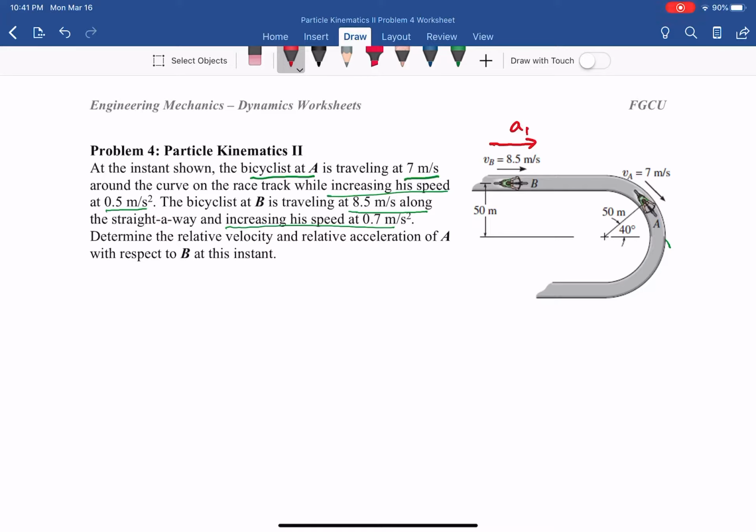So you see A and B, same direction. If it decelerates, it will be in the opposite direction, as we solved in the previous problems. And the tangential component of A is also in the same direction as the motion. So with that, the question is to determine the relative velocity and relative acceleration of A with respect to B.